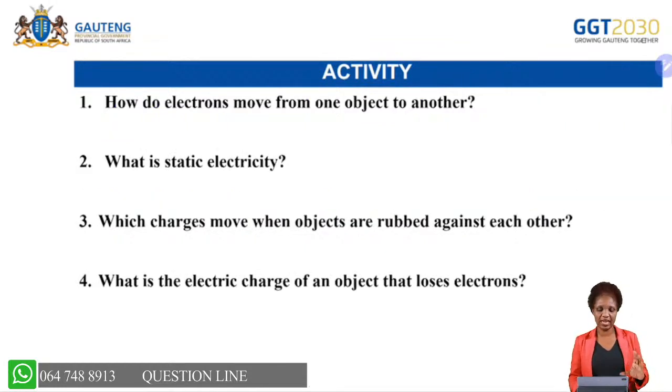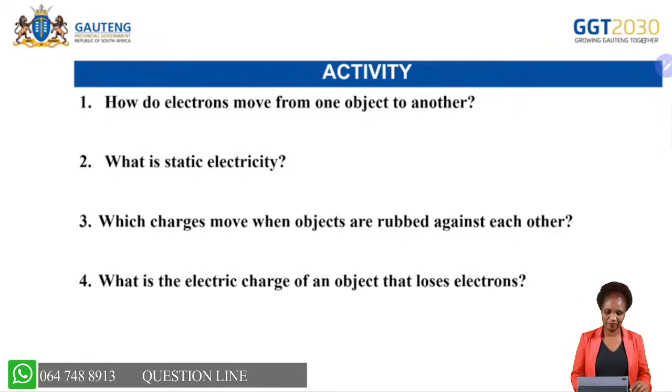And then we've got an activity that I want you to start working on. We are going to look at the questions together, but you're going to answer on your own. Then we're going to revise together. Question number 1 says, how do electrons move from one object to another? And then question number 2, what is static electricity?